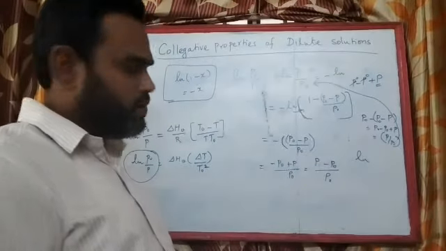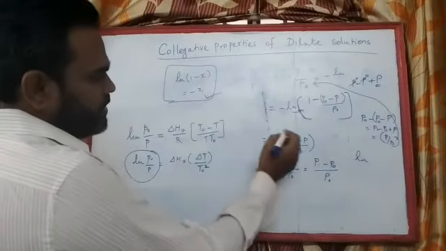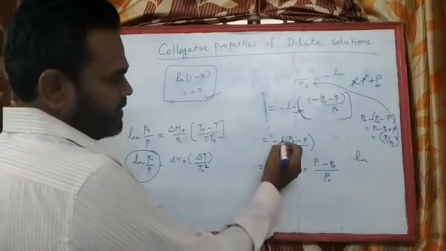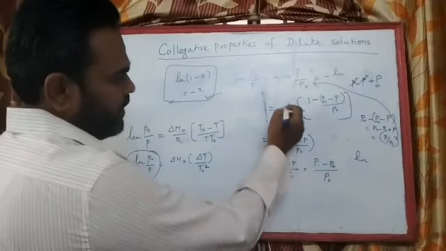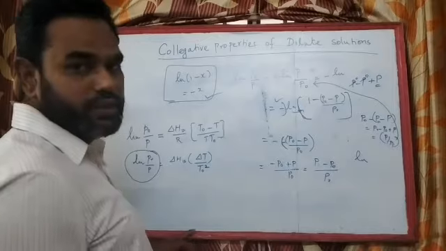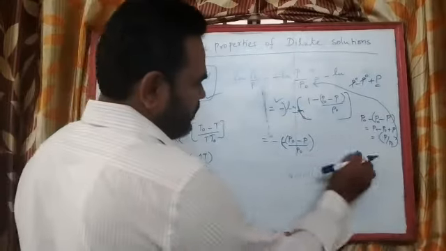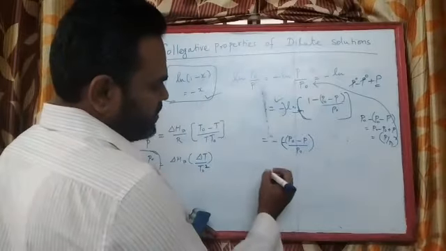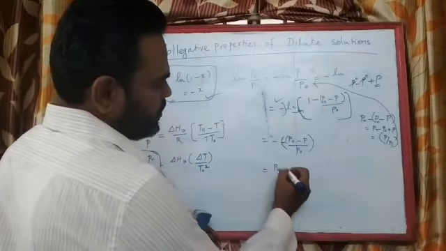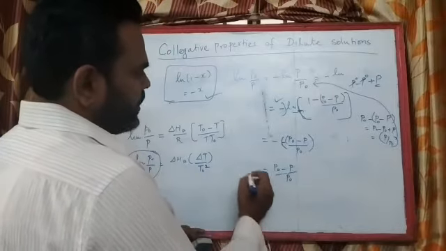So let me correct a small mistake in this equation. I told you ln of 1 minus x is equal to minus x. So this should be, minus is already there. So this becomes minus P0 minus P by P0. So the equation becomes equal to minus of minus plus P0 minus P by P0. So what does this say?